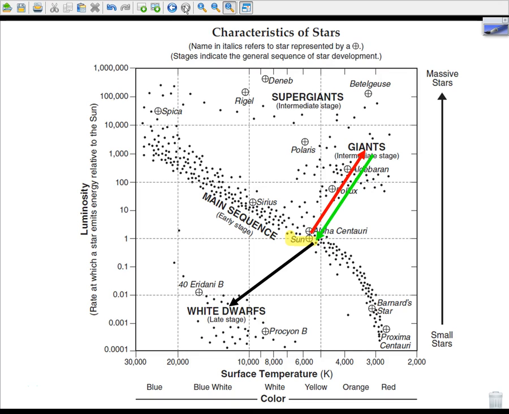Now, just a little point of clarification, which we'll talk about in class. This characteristics of stars page, these dots don't represent where they are in the solar system, but how they compare between their surface temperature and their luminosity.